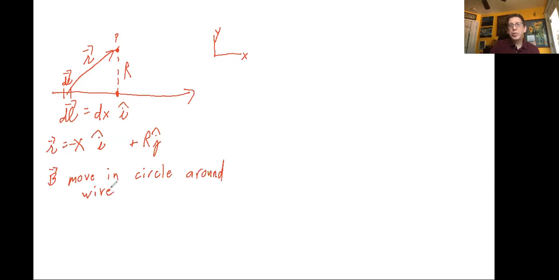And if you were to draw a circle centered on the wire with a radius capital R, the magnitude of the magnetic field does not change. So B without the arrow, so the magnitude, B is constant if R is constant.